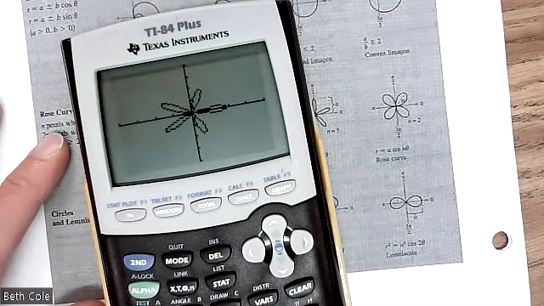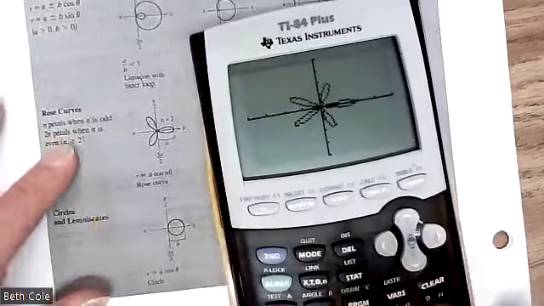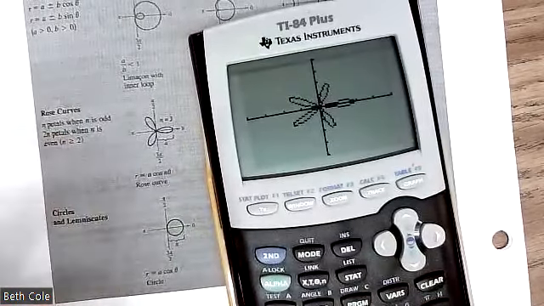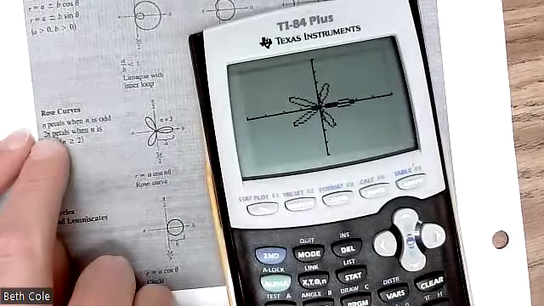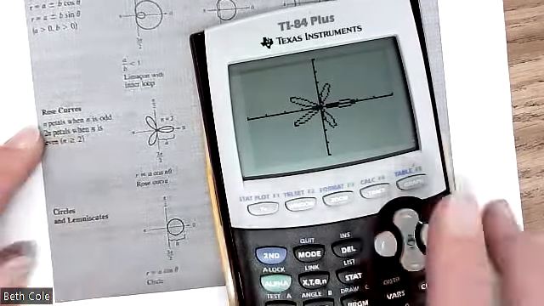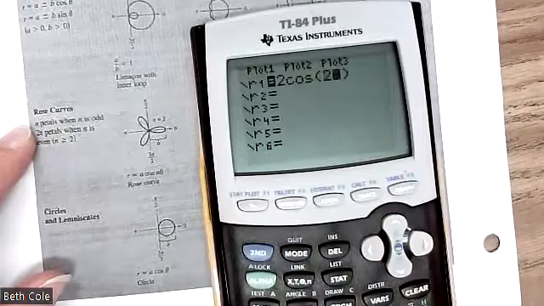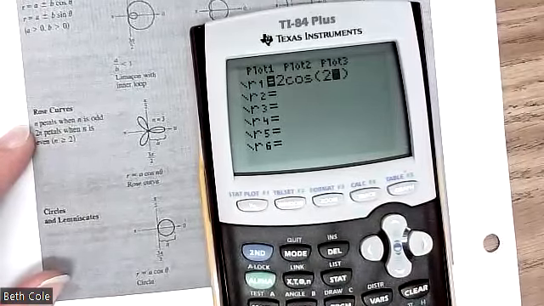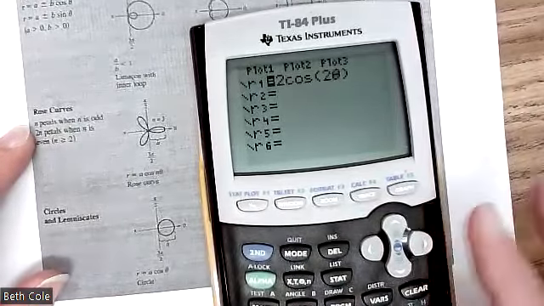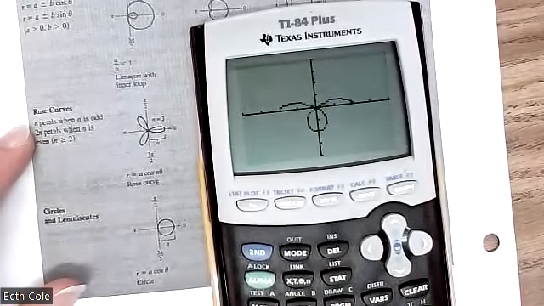Do you see how there's 5 petals? If n is odd, you just get n petals. If n is even, you get double the number of petals. So if you change the 5 to a 2, how many petals will you get? You'll get 4, and it'll look like a roundabout, like on the highway.